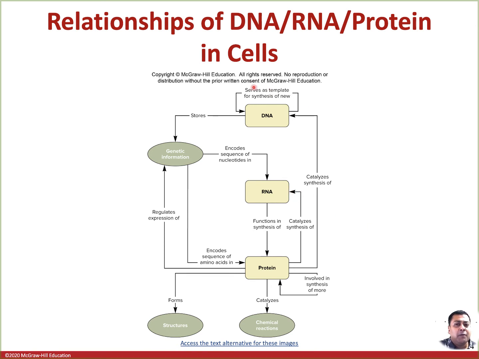DNA serves as a template for synthesis of new DNA, and to make new DNA you need the protein. To make new RNA, you need proteins. And along with that, they are involved in the synthesis of more proteins, because the ribosome needs proteins along with the ribosomal RNA. So the proteins are needed for their own synthesis as well.